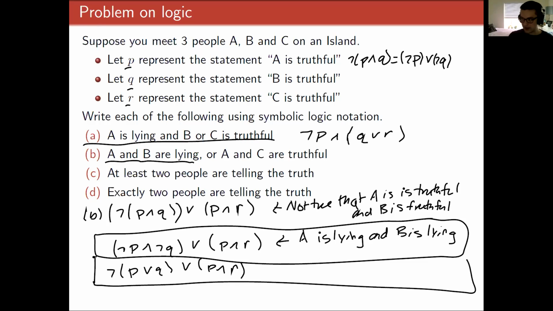Are there any questions about this? Because it's a little bit subtle why the two of these are different, but I hope that makes sense. So any questions on this one? So if it was P or Q, then you could just keep the not outside like that. You can't do that when it's the and symbol. Yeah, because of De Morgan's.